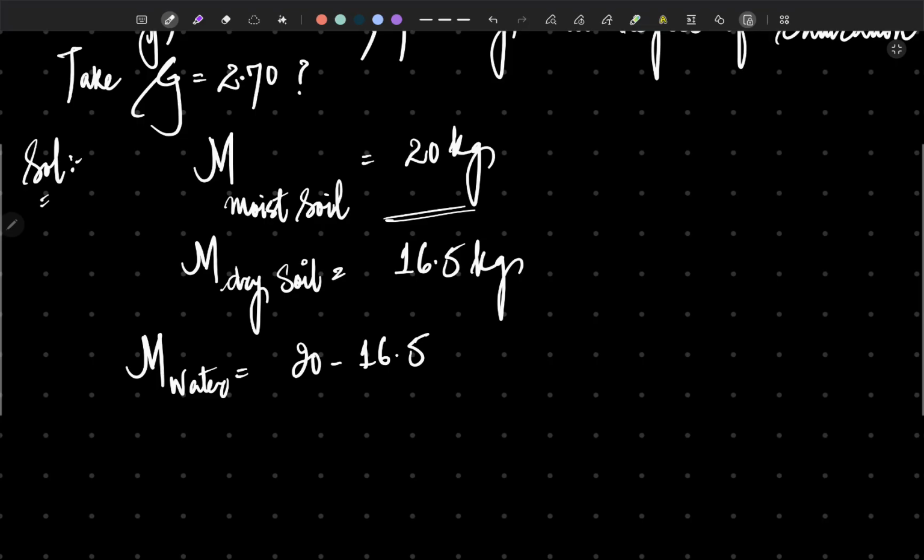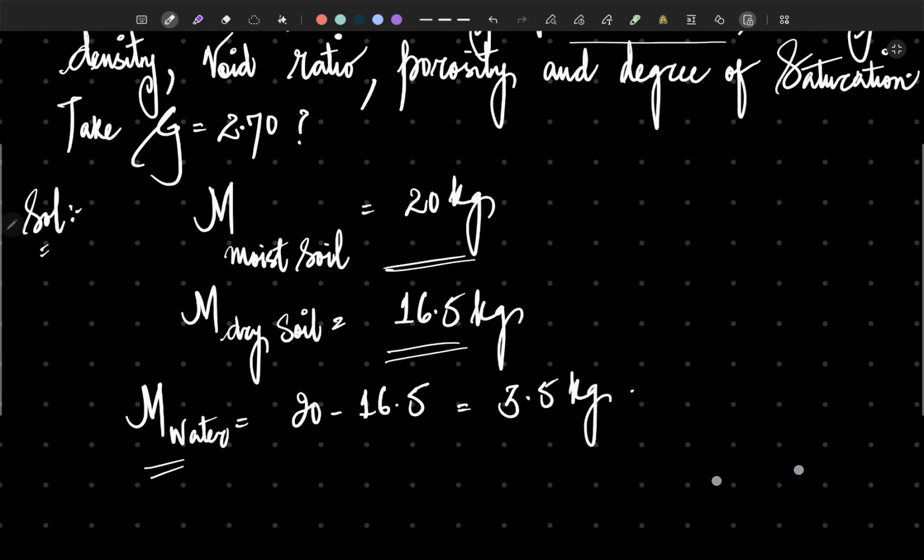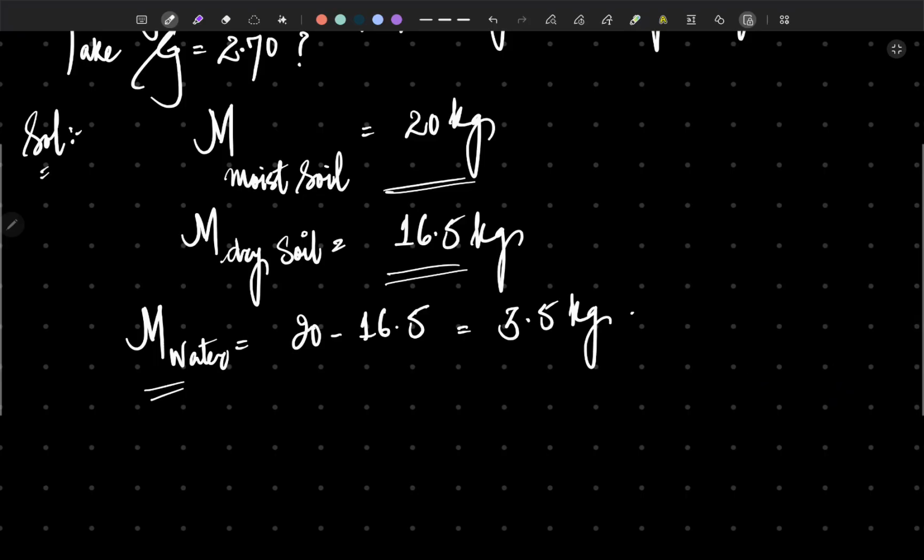After drying it in oven for 24 hours, its mass of the dry soil is 16.5 kilograms. So mass of the water will be 20 minus 16.5 kilograms, that is about 3.5 kgs.